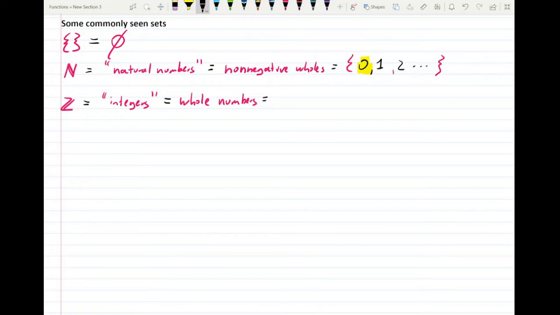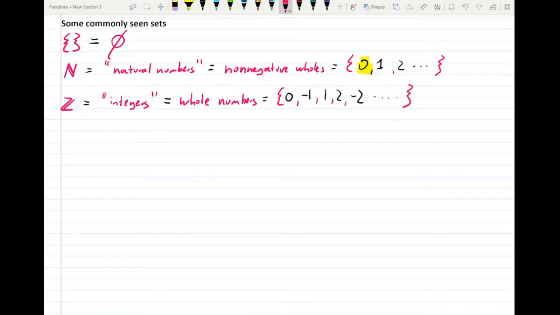So this has got 0, it's got -1 in it, it's got 1 in it, it's got 2 in it, it's got -2 in it, and so on, so on.